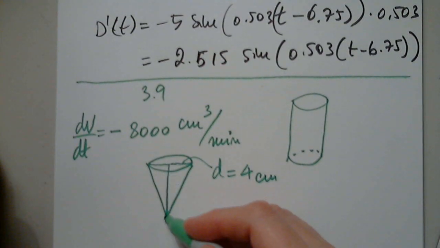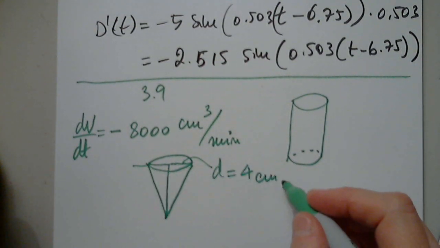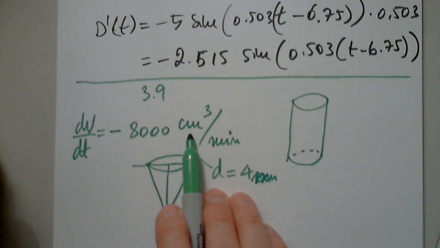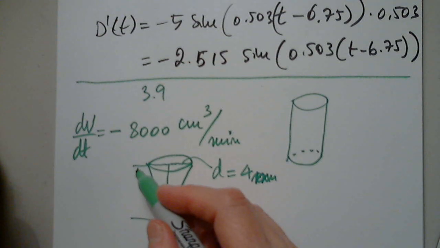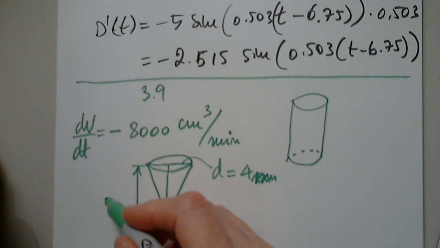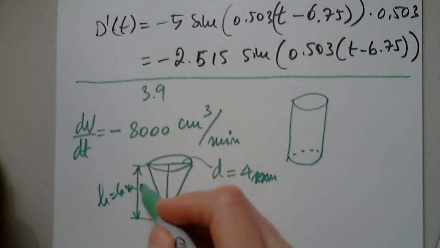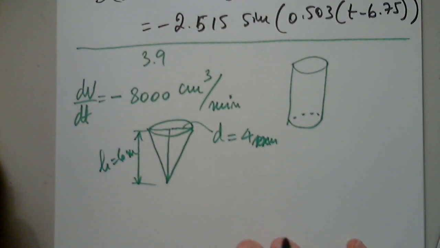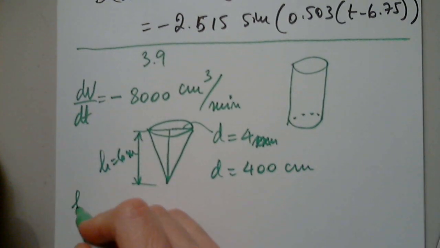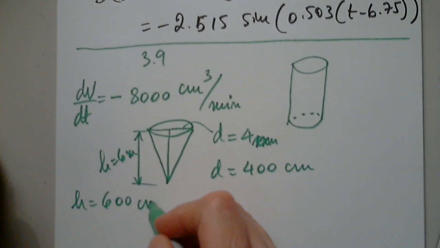Centimeters? Meters. And this is in centimeters? Yeah, centimeters. And the height is 6 meters. So then D equals 400 centimeters, and the height is 600 centimeters.